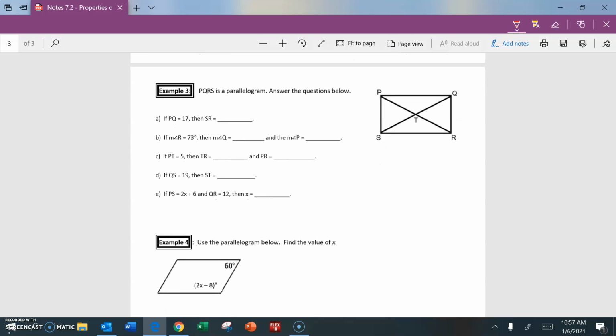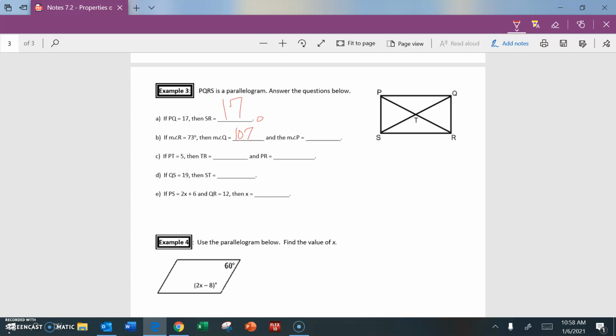All right, for example 3, let's check your answers. So we have parallelogram PQRS. So I'm hoping that you saw that if PQ is 17, then RS is 17. If the measure of angle R is 73, then Q would be its supplement because they're consecutive. So that means Q would be 107 degrees.